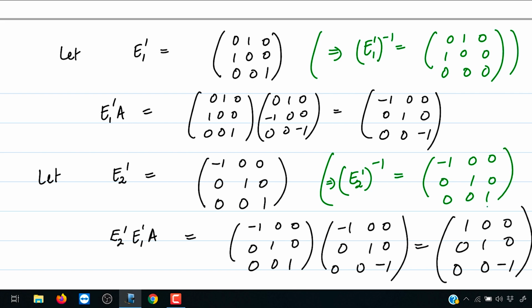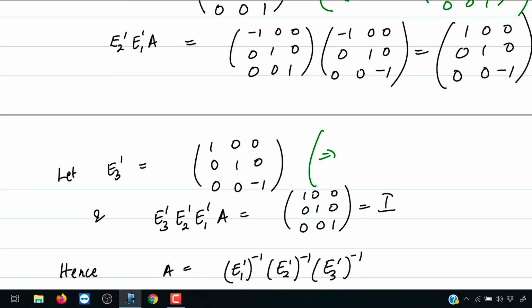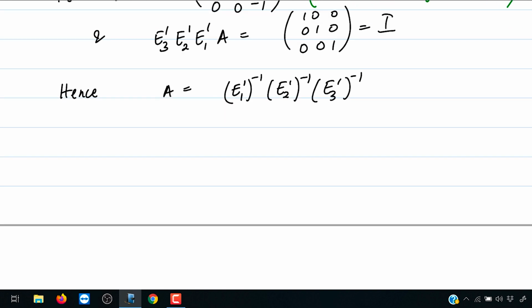So this is going to be our E2 prime inverse. And how about E3 prime inverse? E3 prime inverse is again the same matrix as E3. And therefore, we know exactly what this object is.